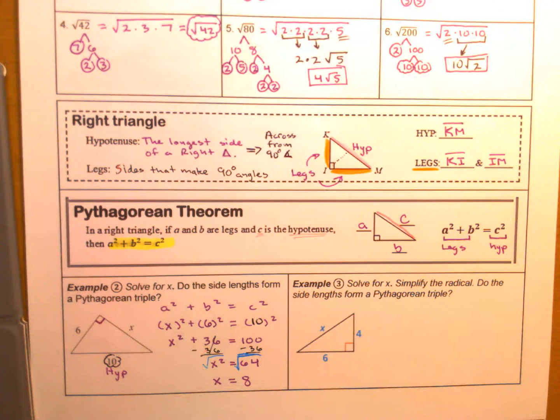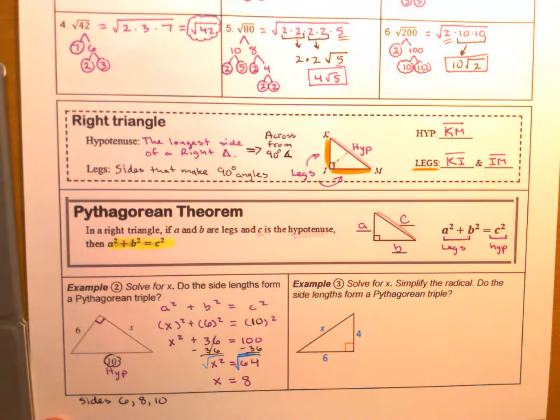And so to answer their last little question, they said, do these form a Pythagorean triple? Well, let's look at the list of numbers. When I'm looking at the list of numbers, look at the sides. The sides are 6, 8, and 10. Look at how they're all whole numbers. 6, 8, and 10.